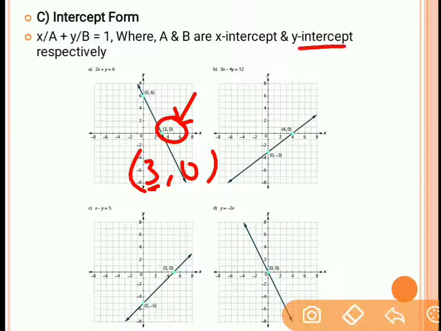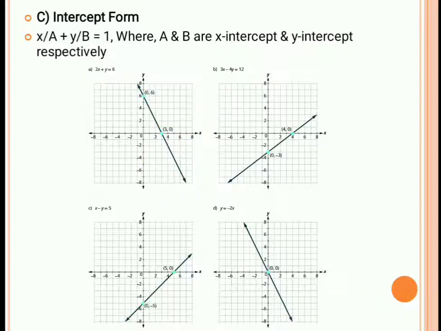And the y-intercept means if the line cuts the y-axis, at which point it cuts the y-axis. In the case of this given line, the y-intercept which we have found is 6, so the line will intersect the y-axis at the point (0, 6). The x coordinate will be 0 and the y coordinate will be 6.